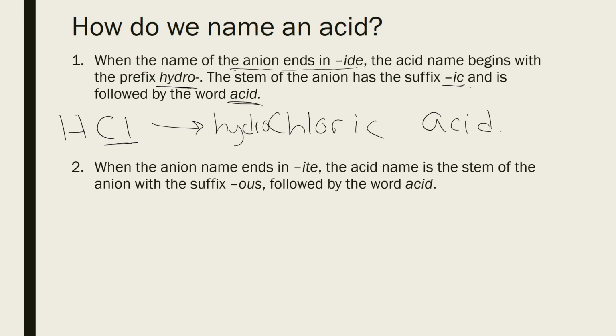Your second situation is when the anion ends in ITE. So we have a polyatomic ion ending in ITE. The acid name is the stem of the anion with the suffix OUS followed by the word acid. So if you had HNO2, nitrite is NO2.